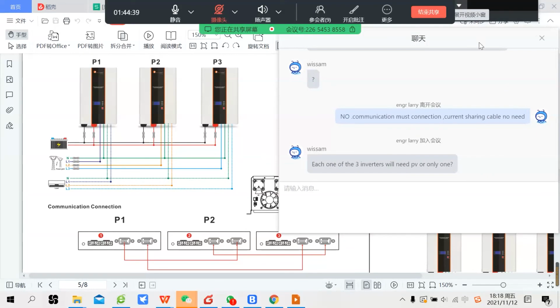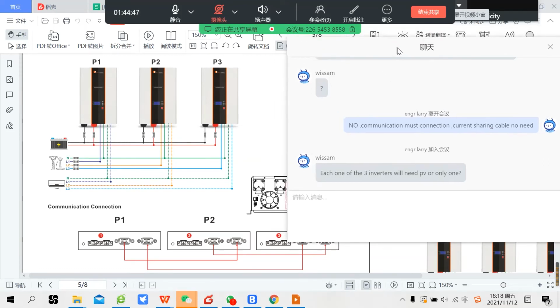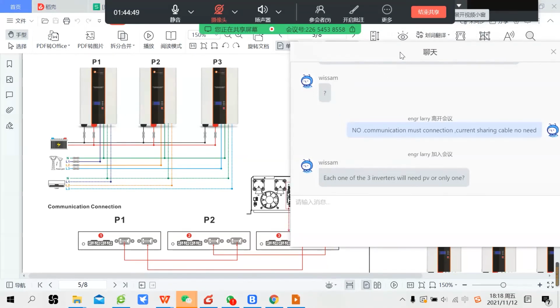Does each of the three inverters need its own PV, or only one? I guess you're asking, can you combine all the PV inputs and then separate them to connect to each inverter? No. PV inputs must be independent.